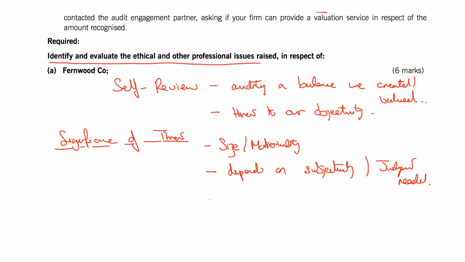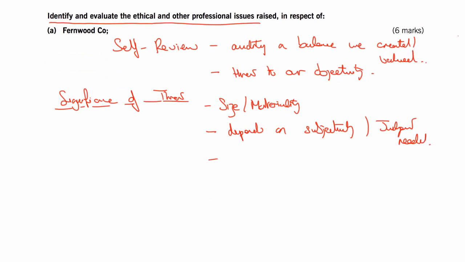Okay, and for those of you who have done P2, which I'm guessing is all of you or most of you, you will know that this is quite a judgmental thing. It's quite a difficult thing to do. So you would say pension has many variables. So therefore lots of judgment needed.